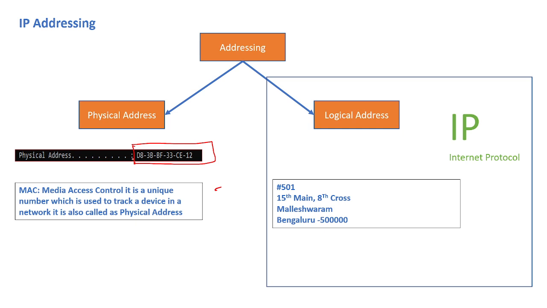That is called the logical address. Like you have your permanent address and your mailing address, your current address may change when you are in a rented house or something. Today you are in one area, tomorrow you may go to some other area, but your permanent address will be the same, correct? That is what the logical address is about. Clear this slide?